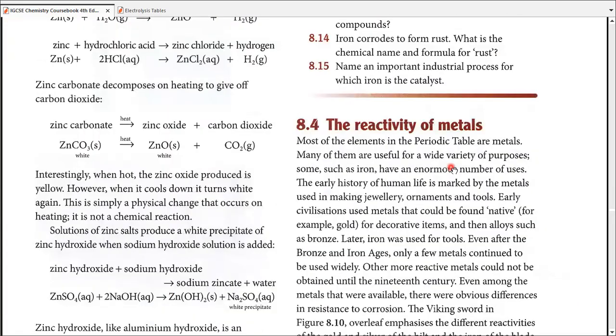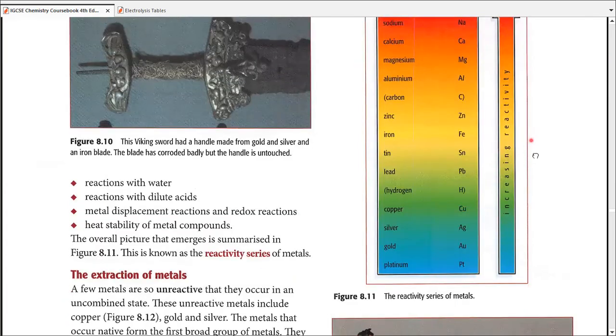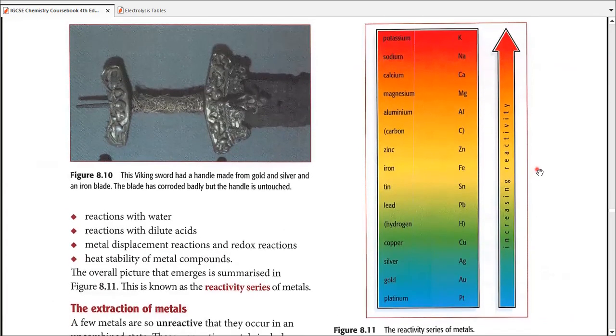On that page, you'll find the reactivity series. Let's talk about reactivity series first. Reactivity series is a series of metals. It consists of mostly metals, but there are a couple of non-metals over there too. Reactivity series is something that is supposed to be memorized by the student completely.